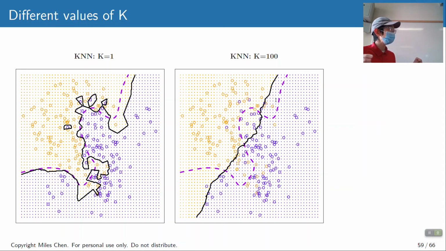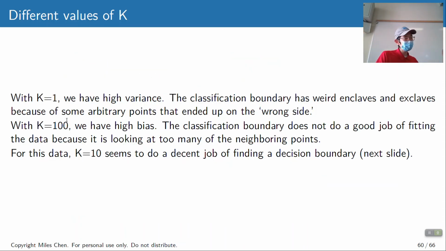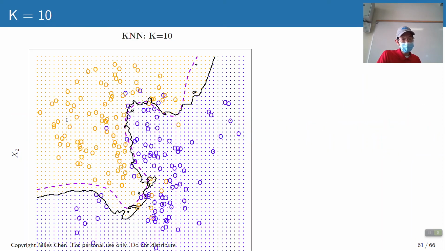K equal to 100 is going to have low variance but high bias. K equal to 1 will have high variance, low bias. Similar ideas also apply in the classification setting. And this is just for k nearest neighbors, and we'll discuss classification ideas later on.